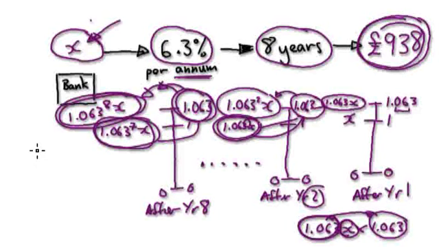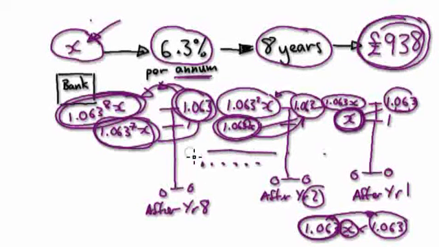Now put it into an equation. What we did was let x represent our original amount, and then we just followed x through each year, all the way to year 8. At the end of it all, this represents our final amount.